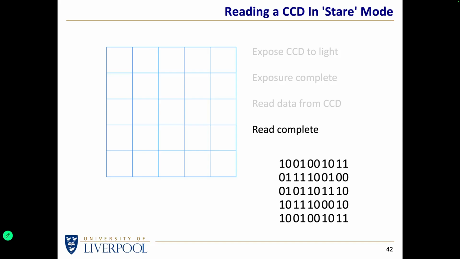Because we know how the data was read out, we know which number corresponds to which pixel, and the data itself corresponds to how much light arrived, and hence we can reconstruct an image from that data. That's using a CCD in stare mode, where you point a telescope at a distant object and you try and keep the telescope absolutely fixed whilst you expose, otherwise you blur the image.